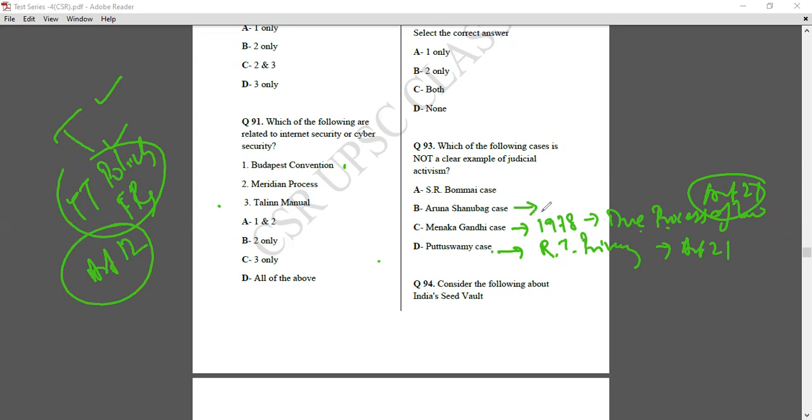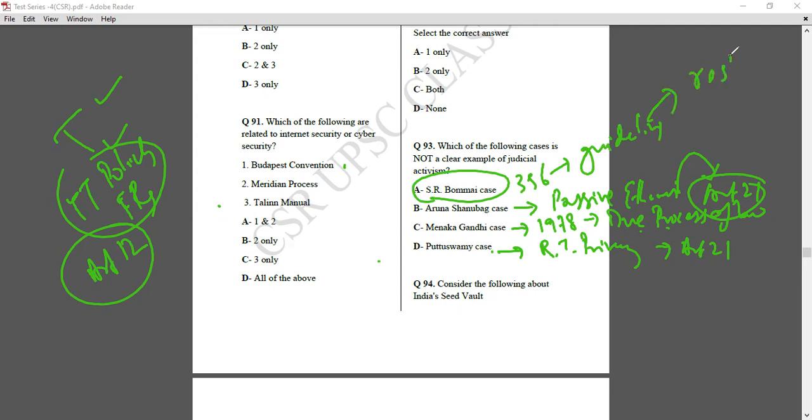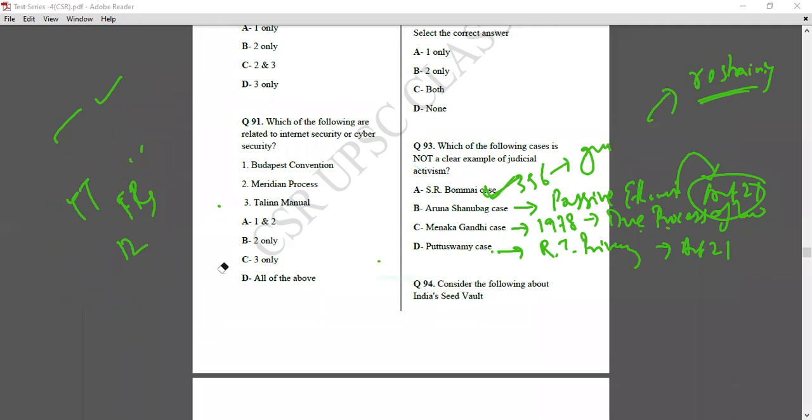Aruna Shanbaug case, yes, it is also judicial activism. Passive euthanasia you are adding to Article 21. But SR Bommai case, you are not adding anything to Article 356. You are simply giving guidelines. If you are giving guidelines, so you are restraining. The court is restraining from using its power of judicial activism. So the answer is SR Bommai case, not a clear example. Okay. Next.